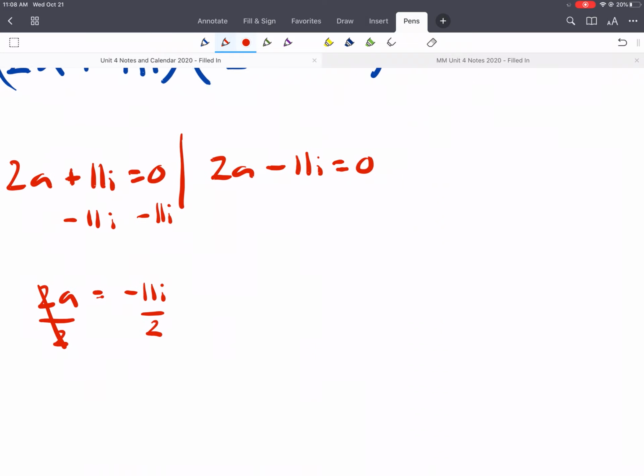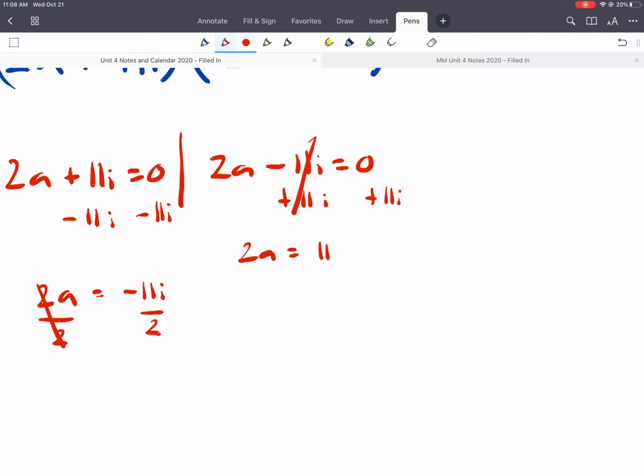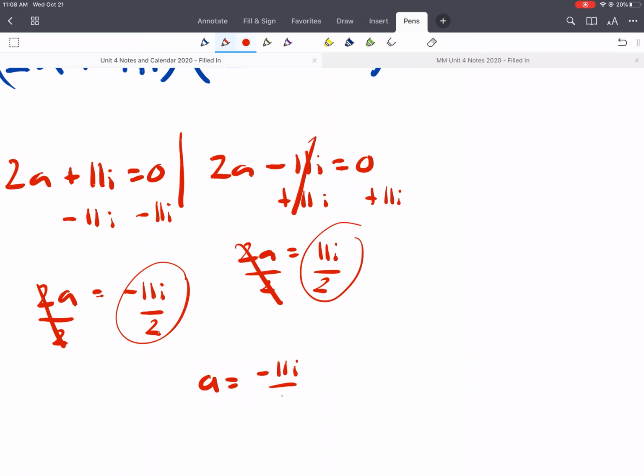So one of the solutions is negative 11i over 2, and then we do the same for the other side. Okay, so here's our two solutions. We'd say a is equal to negative 11i over 2, or positive 11i over 2.